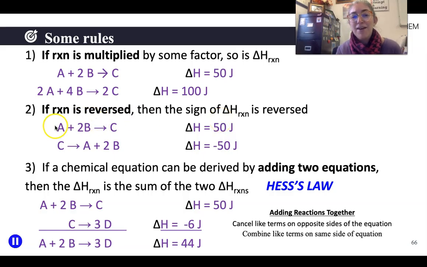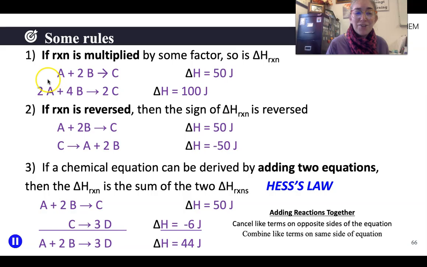So if you have an endothermic reaction with a positive enthalpy, if you flip it and you make the products the reactants and the reactants the products, then it becomes an exothermic reaction, but the same amount of energy, right? If you multiply a reaction, so if you have twice as many moles of a substance, you're going to make twice as much heat. So that makes sense.